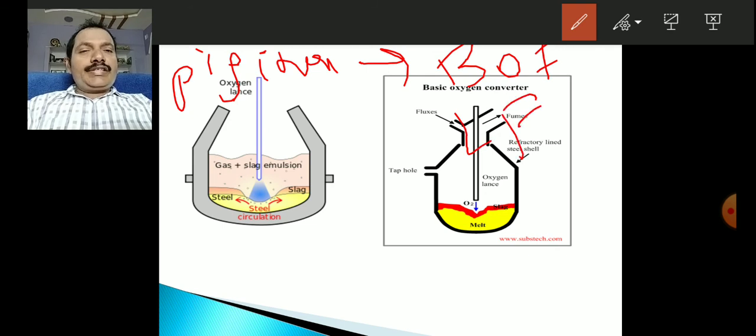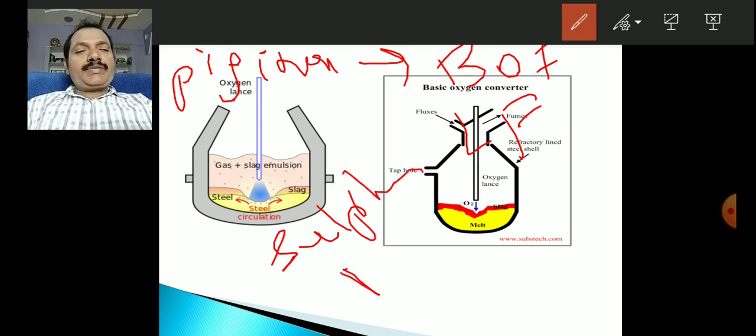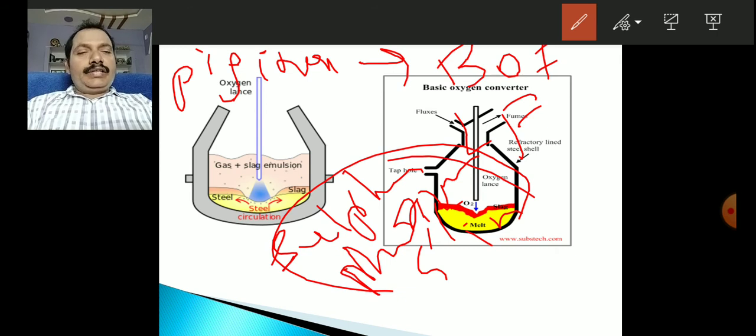In the pre-treatment stage, sulfur, phosphorus and silicon, these are the unwanted impurities present in the pig iron which will be removed with the help of the oxygen converter.